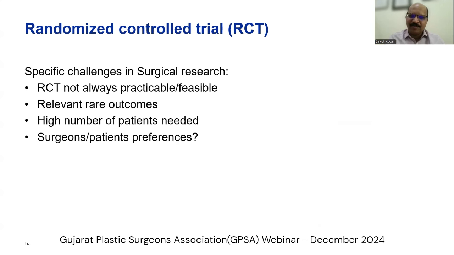For example, with a condylar fracture, you have to decide on a surgical reduction or just a closed reduction. It cannot be just randomized. You have a lot of other variables with which you decide, okay, this is the reason I'm going to do this. So there could be patient preferences and all that. So doing a randomized control trial, choosing the surgical option, becomes almost very difficult or not possible.